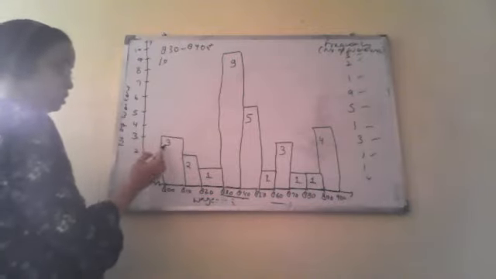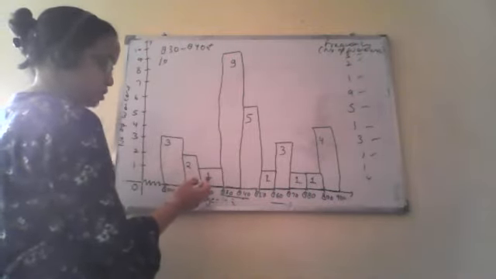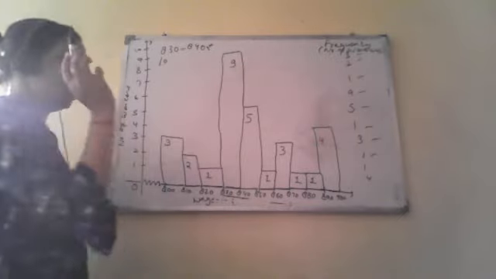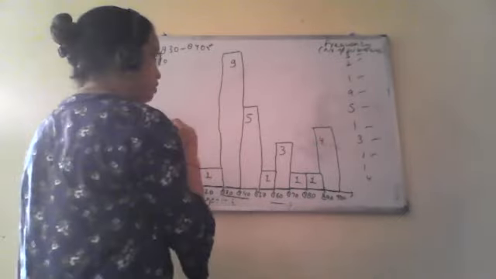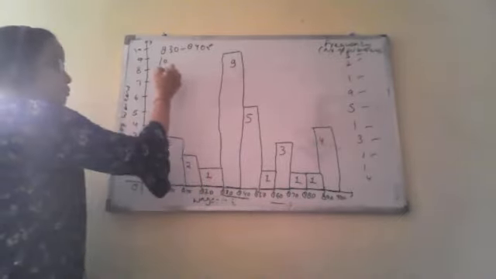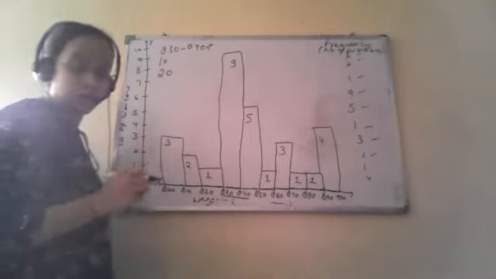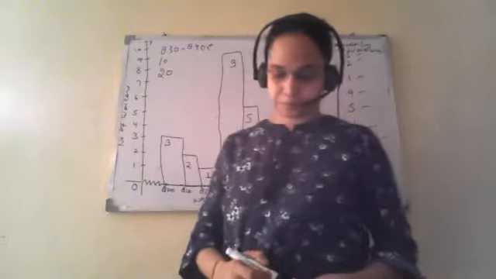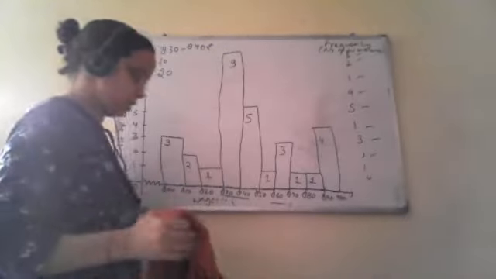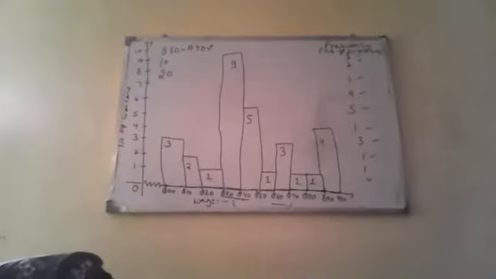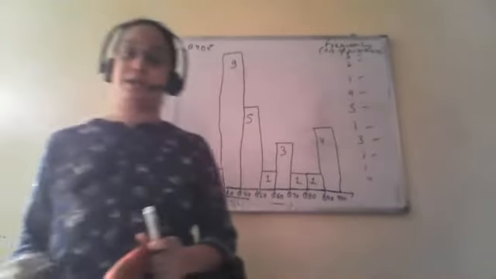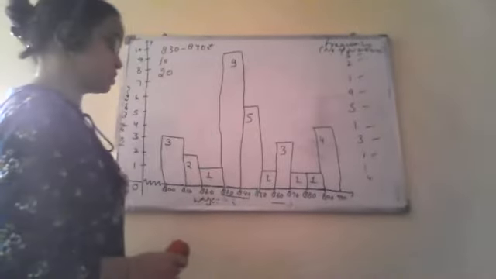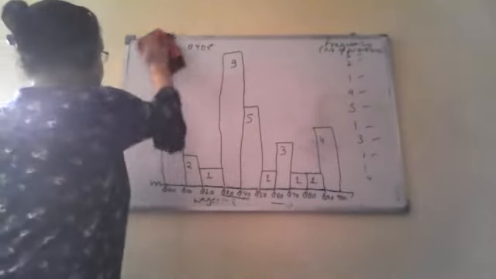So these are 3 plus 2, 5, plus 1, 6, plus 9, 15, plus 5, 20. So there are 20 workers who are earning less than 850. Clear? I hope things are clear, how we have taken the class interval and how we have drawn the histogram. This is clear. Now next question.